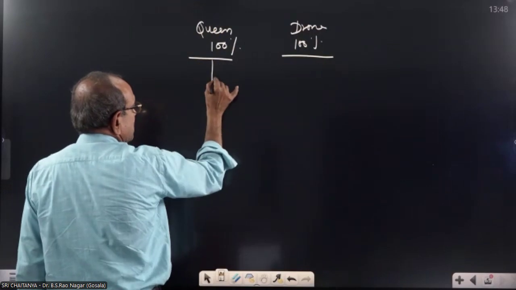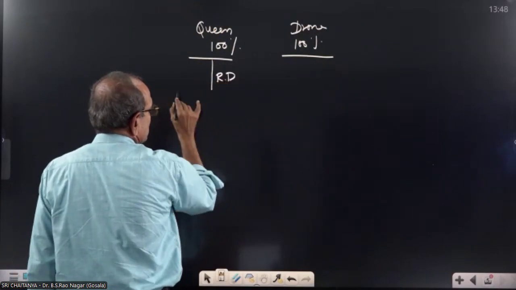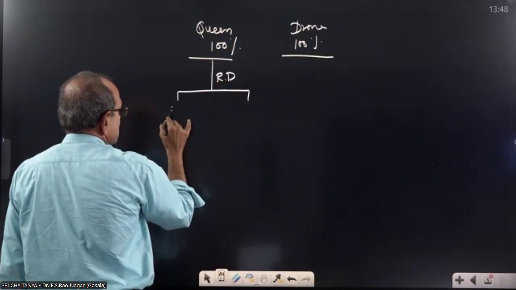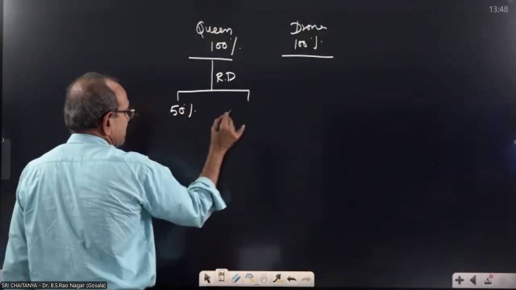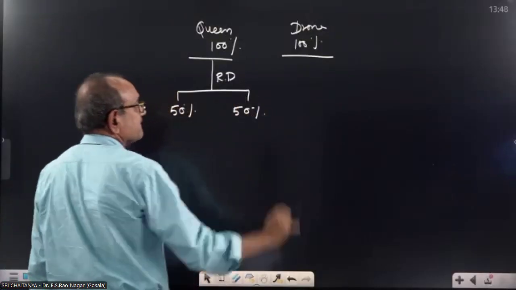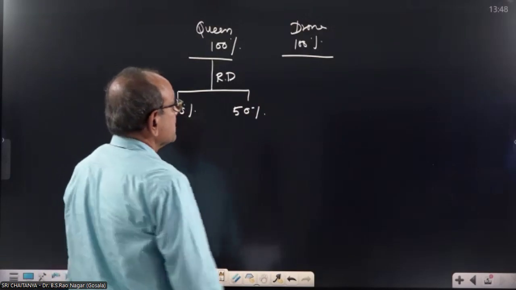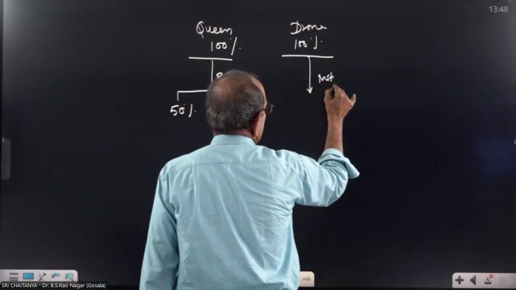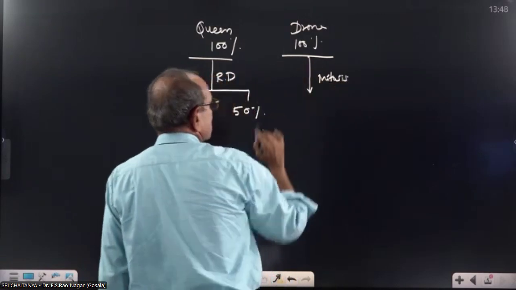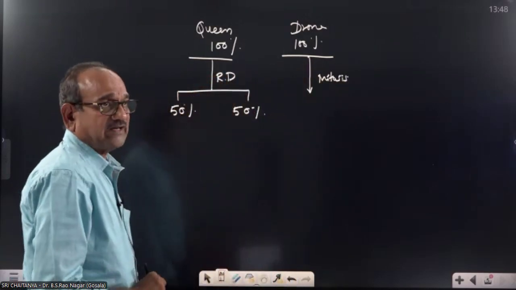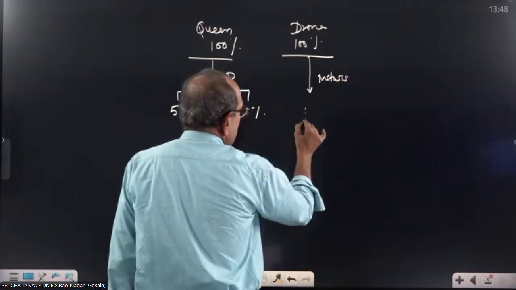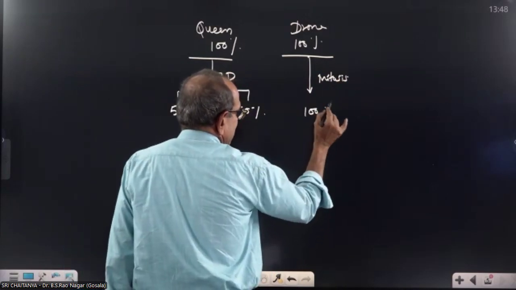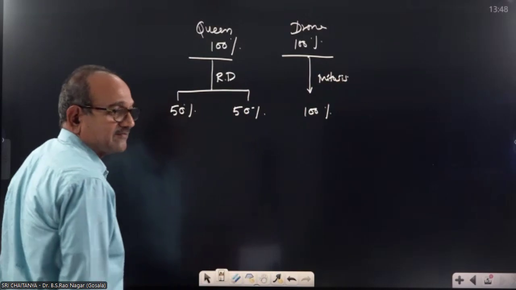In the queen, reduction division takes place during oogenesis, meaning each egg receives only 50% of genes. In drones, spermatogenesis is by means of mitosis, meaning whatever percent of genes are there in the drone, all are inherited by the gametes, the sperms.